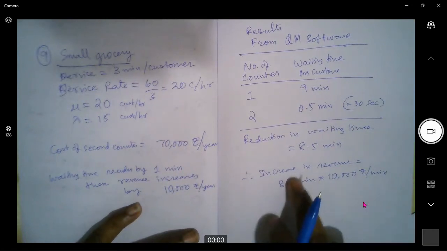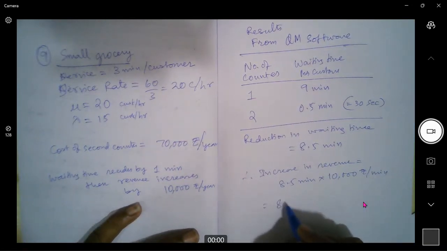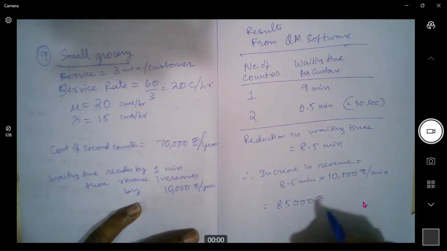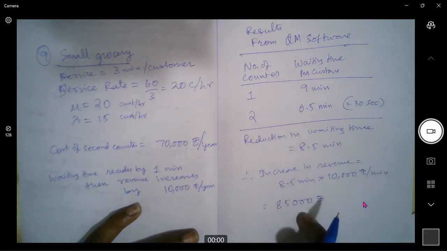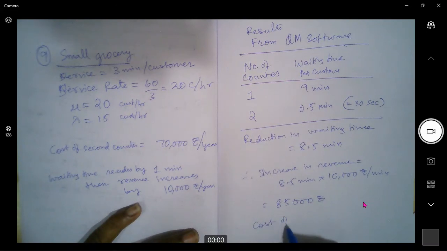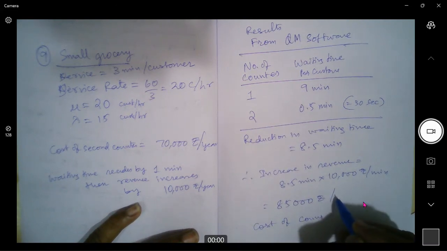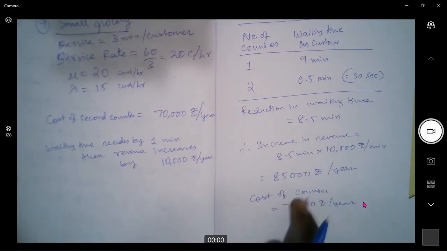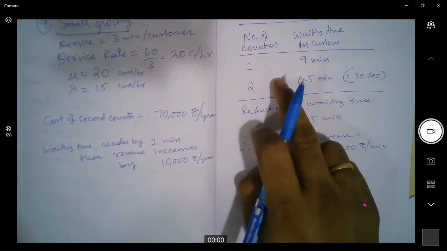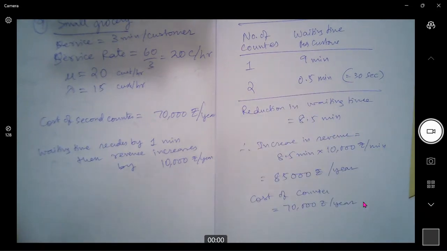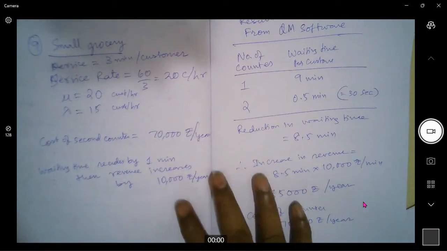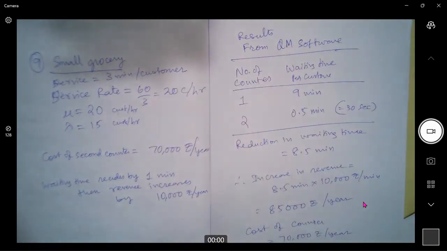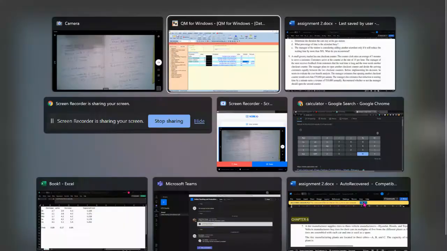The minutes cancel, and I get 85,000 as the increase in revenue. The cost of the counter is 70,000 rupees per year. Therefore, the decision is to go for the second counter and increase the revenue of the grocery.